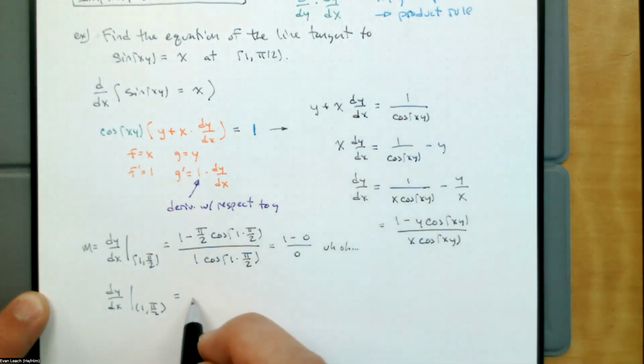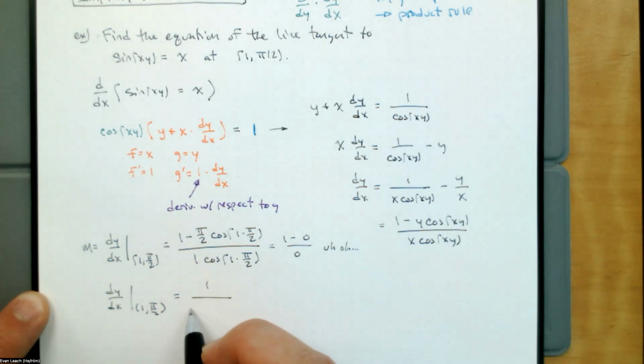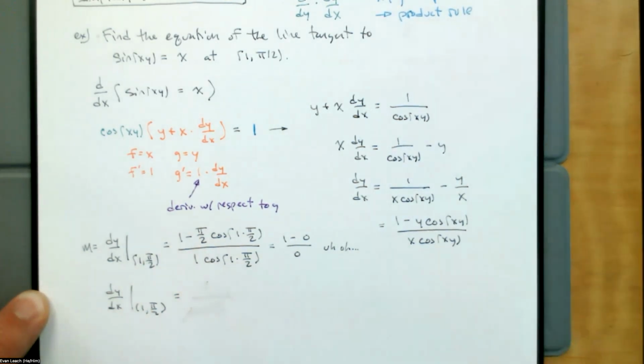Let's not trust my algebra. If I plug it into this first one up here, I get 1 over x times the cosine of 1. Oops, x is 1. And we've got the same problem down here.